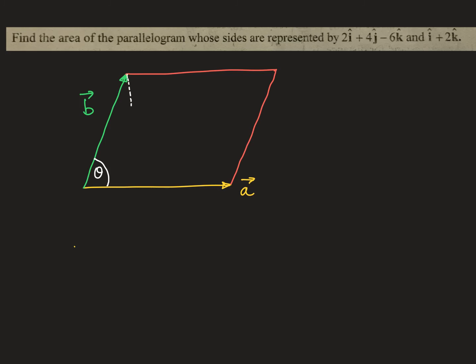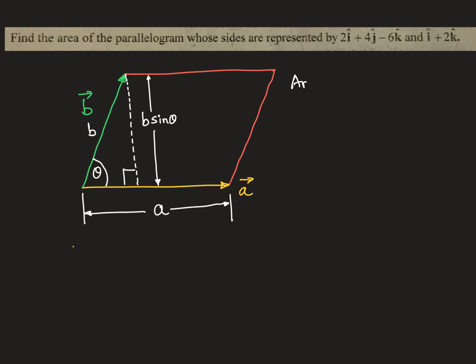The area of the parallelogram is the length of the side multiplied by the height. The length of the side vector A is simply A, the length of the side of vector B is B, and hence the height is equal to B sine theta, if theta is the angle between the vectors.